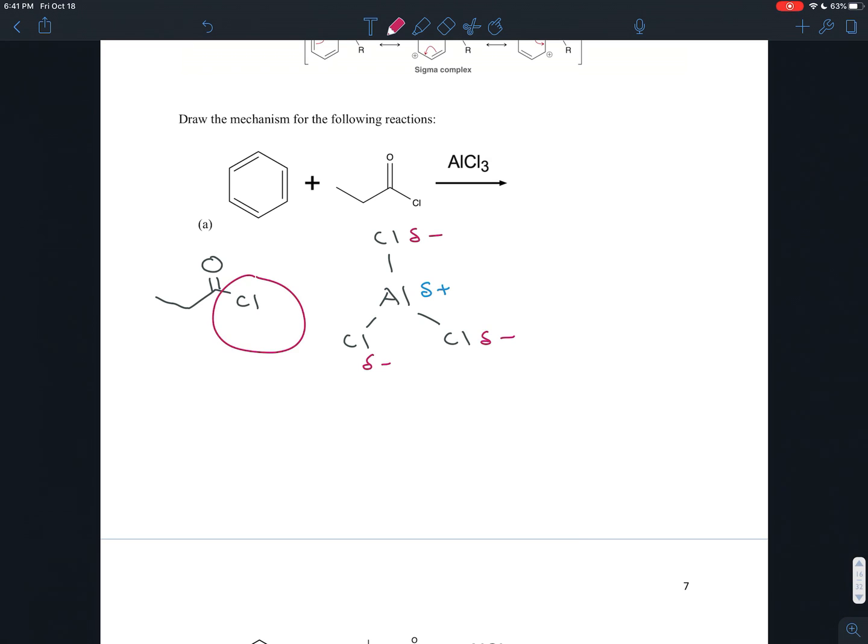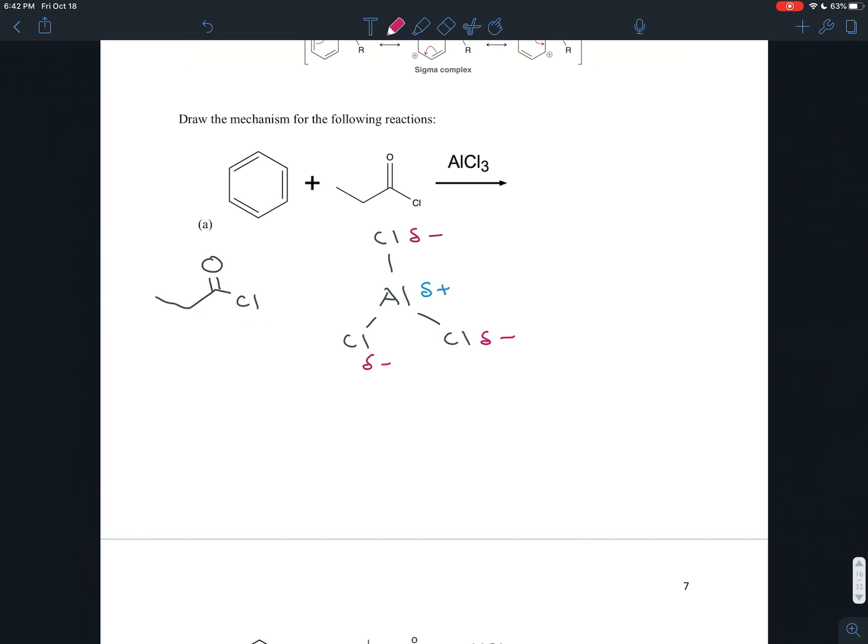Then the chlorine can descend on top of it, like a fist onto a pancake. And when that happens, all the electrons rush to the side, because chlorine is very big, so it's very polarizable. So all the electrons rush to the side where the positive aluminum is. And that side becomes slightly negative and really nucleophilic.